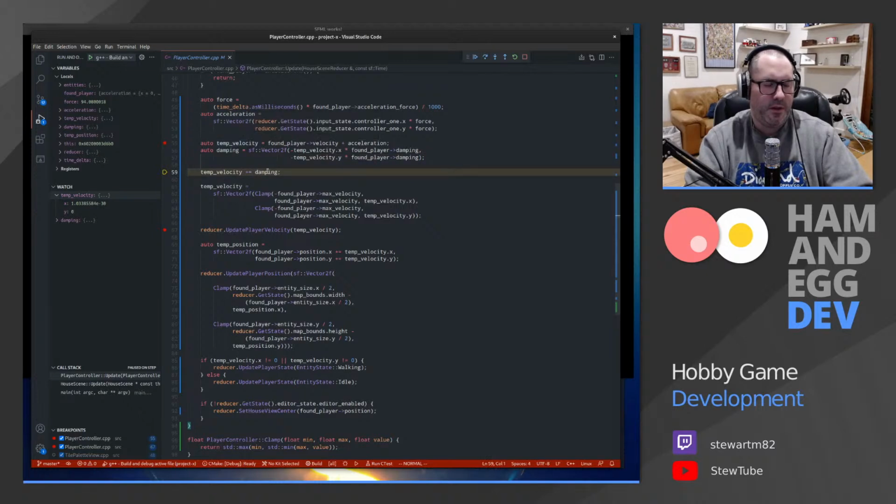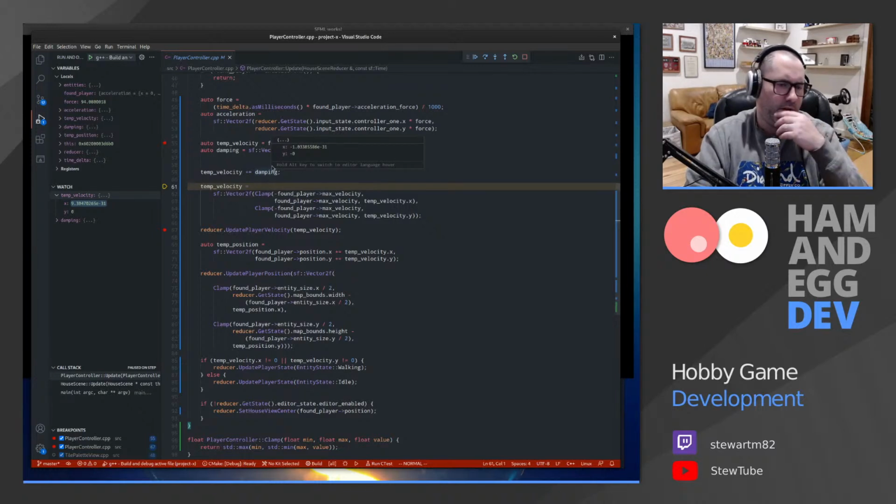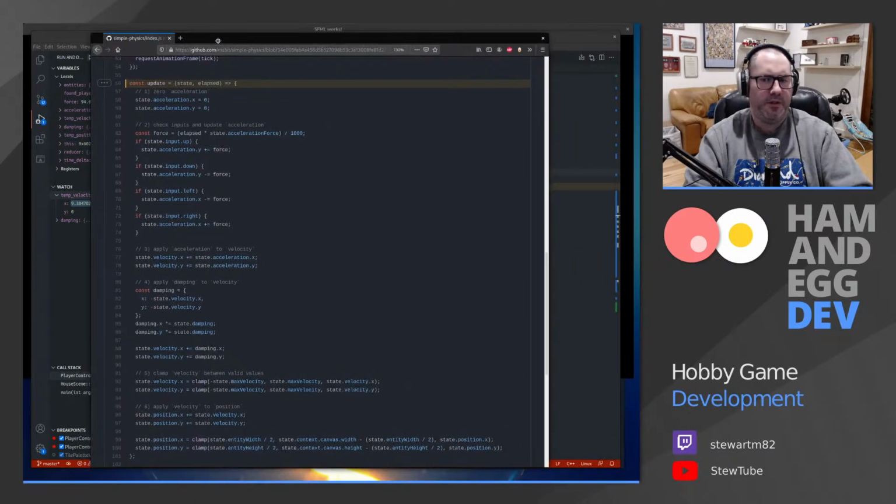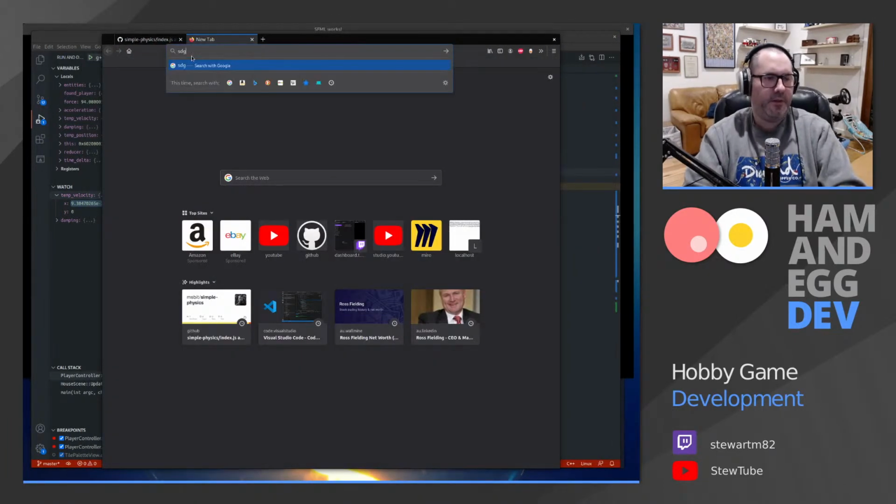That still looks fine. That still looks fine. Step over. Okay, it's this here. Okay, it's this operator doesn't look right, possibly. Am I using that operator incorrectly?